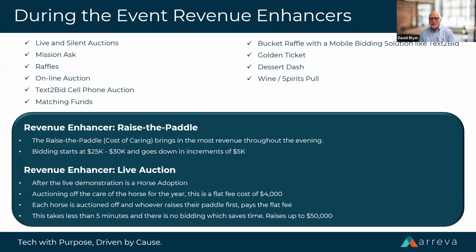Hey, Jay, I think another nice thing with the text to bid, when any organization is asking for sponsorships, is that sponsors, just like anybody else, want acknowledgement, and acknowledgement's always nice. We can talk for a long time about acknowledgements. The one thing I really do like about the text to bid, when you're setting up your sponsorship programs and you're saying, you get 20 seats or 10 tables or whatever that sponsorship is, in addition to great advertising for them, is that you can put their name on this mobile device.